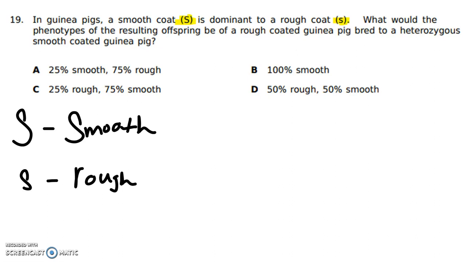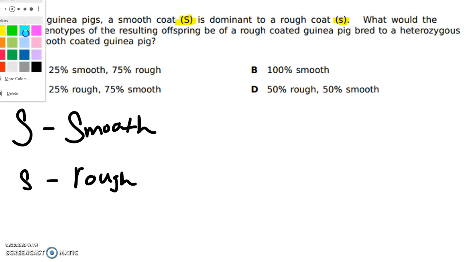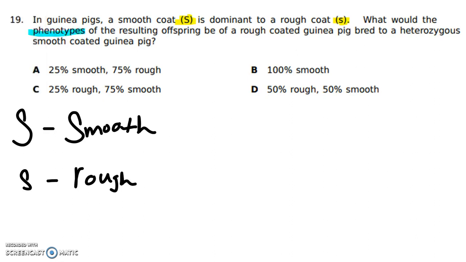Okay, what would the phenotypes of the resulting offspring be? So I'm looking for phenotypes. Not the alleles, but the actual trait itself. And resulting offspring of a rough-coated guinea pig.